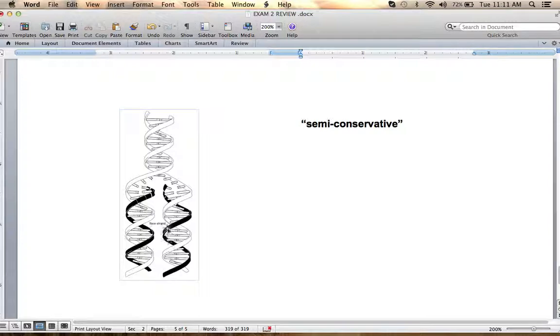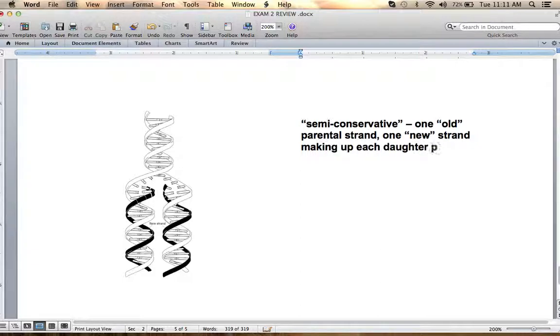And it uses those base pairing rules that we talked about before, where A binds with T and C binds with G. It uses those base pairing rules to make the new strand of DNA, but it's termed semi-conservative because when you're done, you've got one old parental strand and one new strand, making up each daughter piece of DNA.